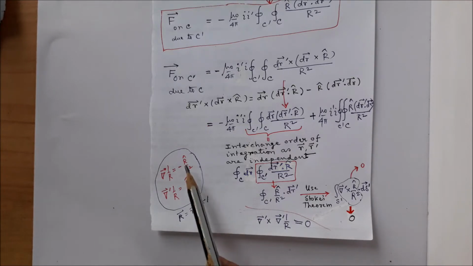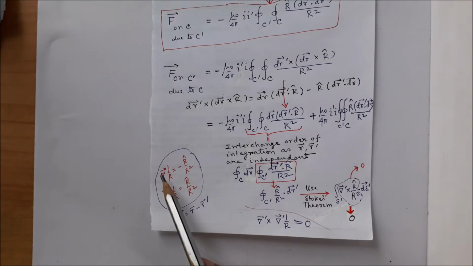Also the r cap by r square is minus of grad of 1 by r, which is actually grad prime of 1 by r. This negative sign is neutralized by the additional negative sign that comes when we take derivative with respect to primes, because in vector r prime is preceded by a negative sign.